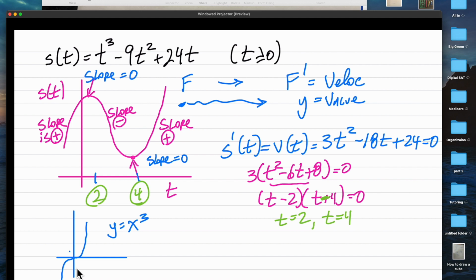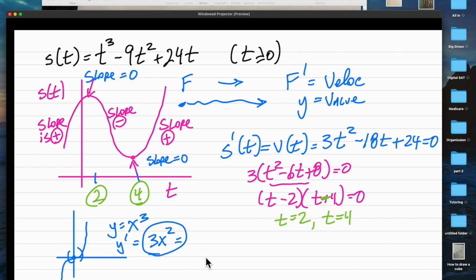If we put parentheses around that, that point in the middle is not higher or lower than the immediate points. The proof is that if we do y prime, we get 3x squared. 3x squared is the velocity function. It's the derivative of the original function, which means it's the slope of the original function. And look, our slope is always positive. This graph never changes direction.